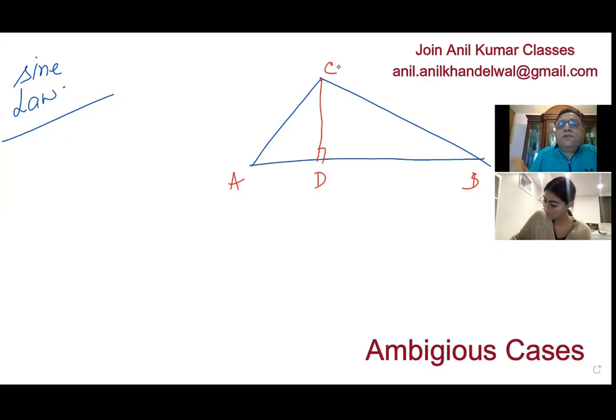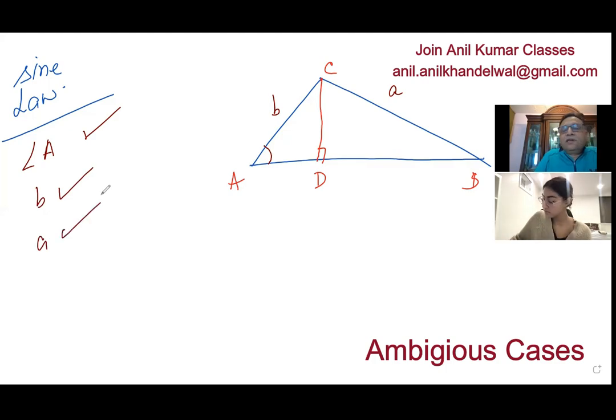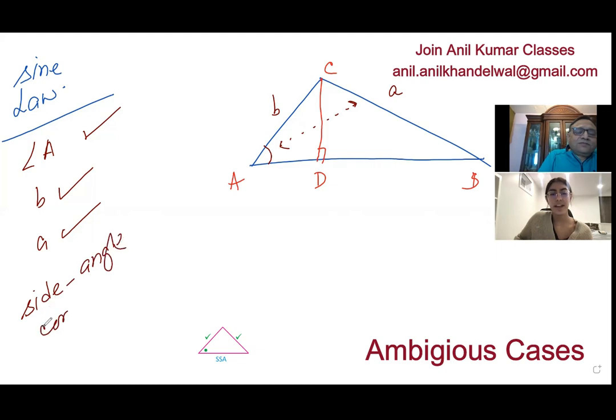Now, if I give you the side lengths B and A, and I give you angle A, then you can solve this using sine law, because we do have a combination, right? Side angle, or angle side, however you want to say it. So you could apply the sine law to answer this question, correct?